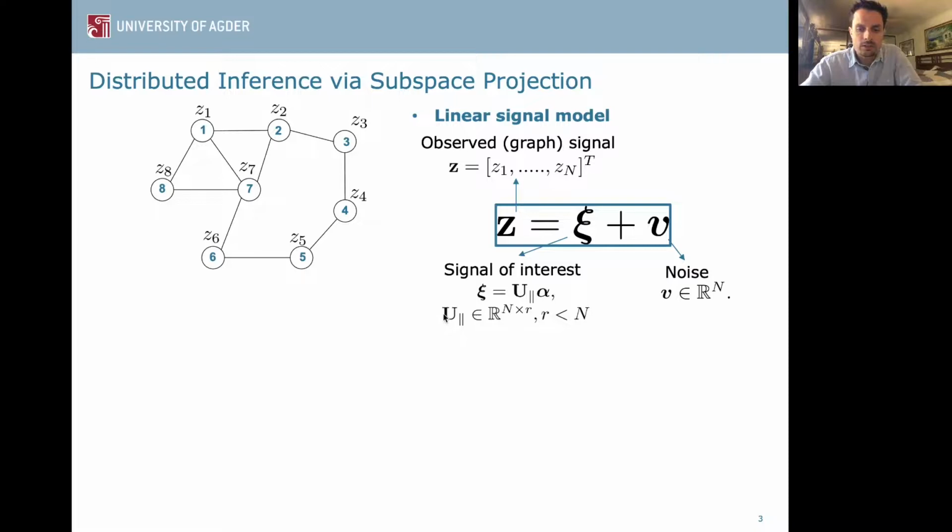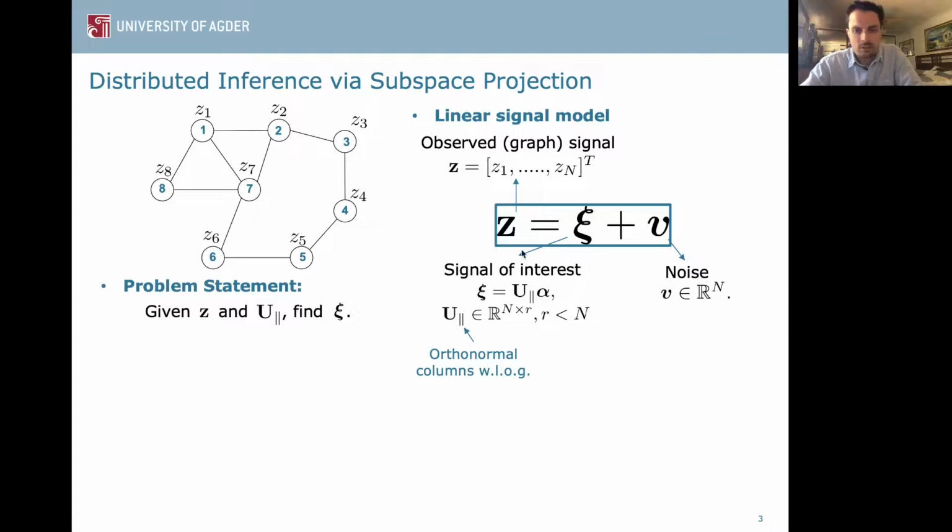The columns of this matrix are assumed orthonormal without any loss of generality, and the number of columns, which is equal to the dimension of the signal subspace, is represented by R here.